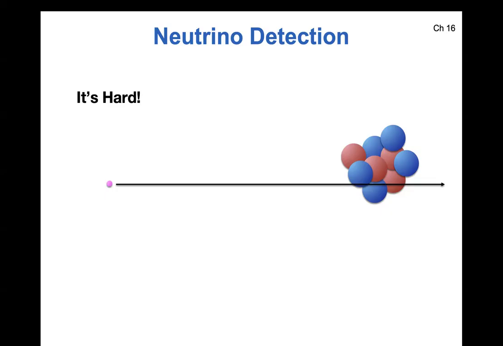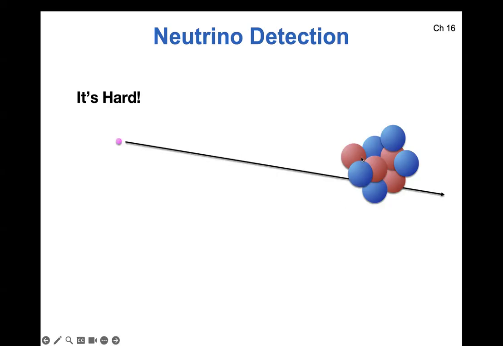All right, so here we have how hard it is. This is our neutrino, by the way, and this is just some atom. At the end of the day, if we're going to detect a neutrino, literally just to confirm that they really exist, we have to have it do something. In other words, it needs to hit this atom, and it doesn't want to.